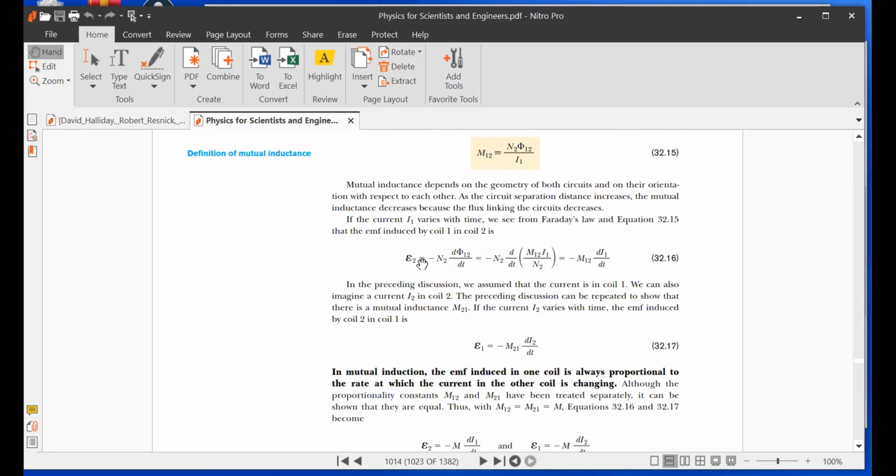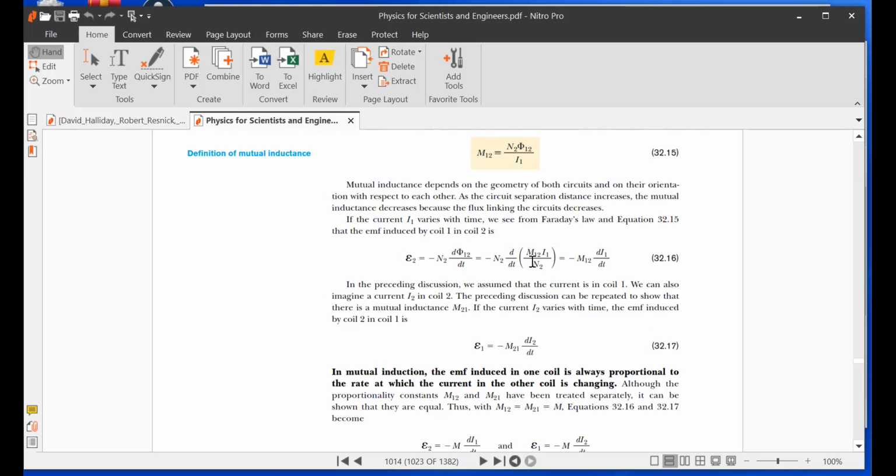So M12 is equal to N2 times phi 12 over I1. This is the induced EMF at the second coil: epsilon 2 is equal to minus N2 times d phi 12 over dt. So phi 12 is equal to M12 times I1.